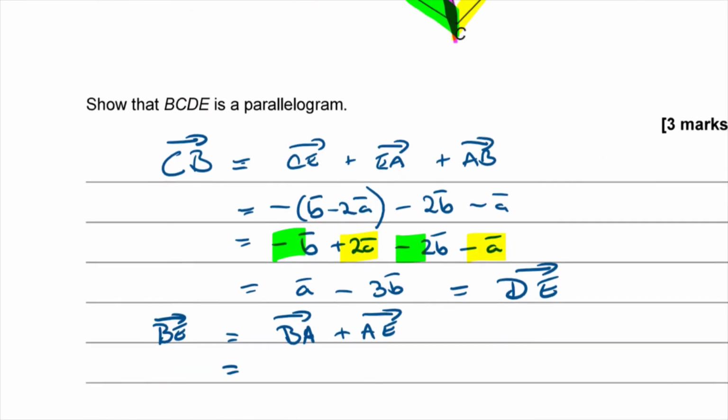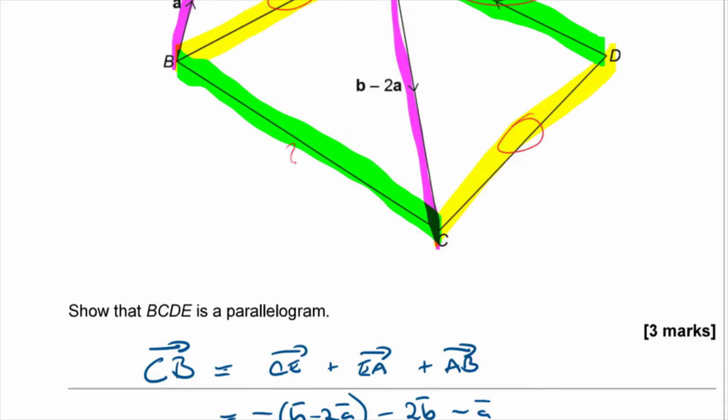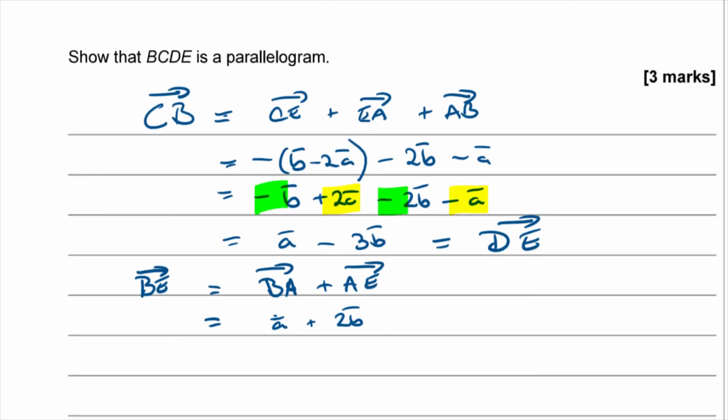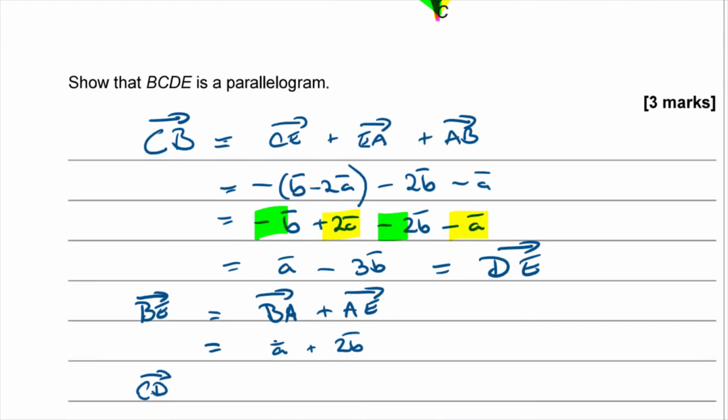A plus 2B. So that one's already done. And we need to compare that with the other one, C to D. What's C to D? I can get along that purple line and then down the green one. So from C to E and then from E to D.